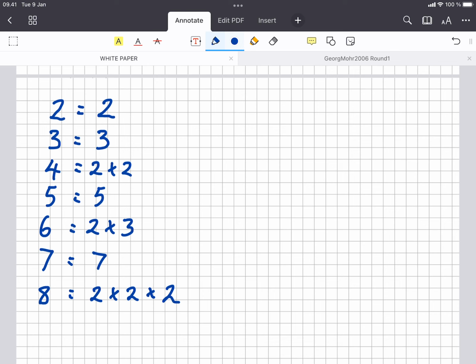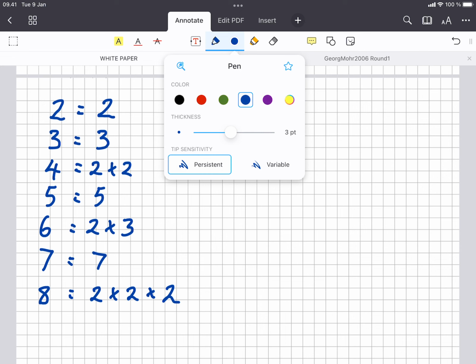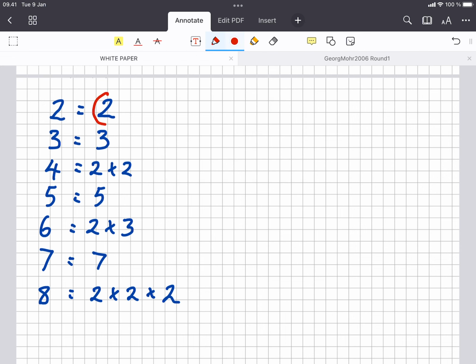So first of all, we've got to think about the prime numbers. So whatever number we have, it's got to be divisible by 2 and 3 and 5 and 7.